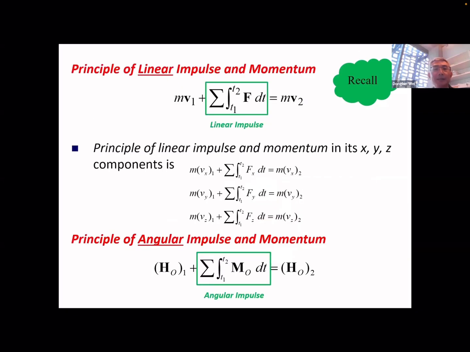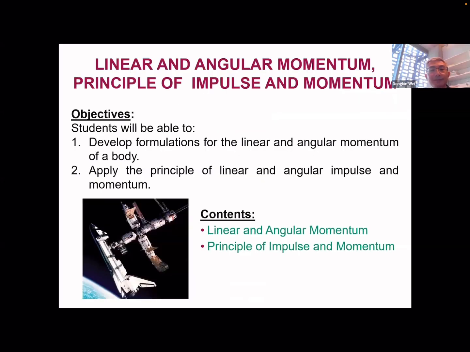And we studied the principle of impulse and momentum, which can be about linear impulse and also about angular impulse and momentum. Now, based on the knowledge you studied in particle dynamics, let's move to rigid body dynamics.